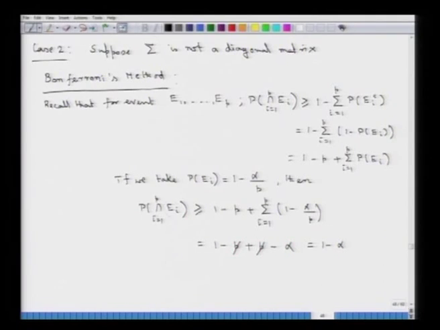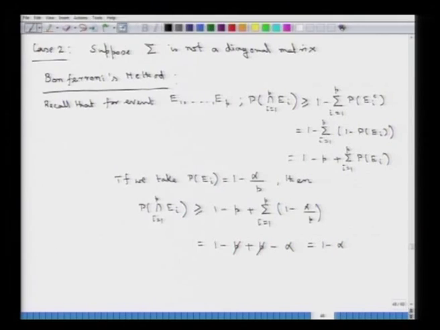So, if we can choose these Ei events as the events that mu i belongs to a certain random interval such that the probability of each one of those Ei, if we can make that equal to 1 minus alpha by p, then we will be able to achieve the simultaneous coverage of such linear functions. Here we have just mu 1, mu 2, mu p in terms of simultaneous confidence intervals with a coverage of at least equal to 1 minus alpha, right.